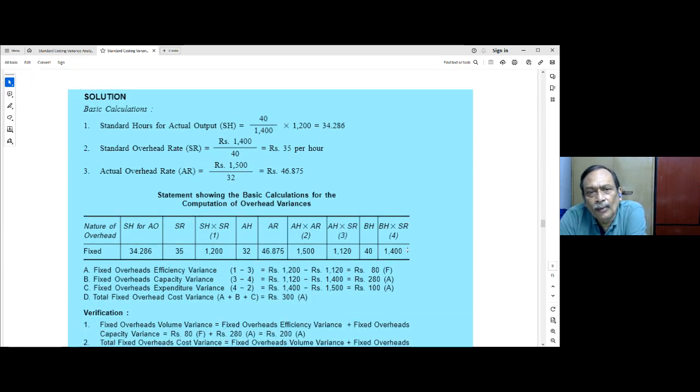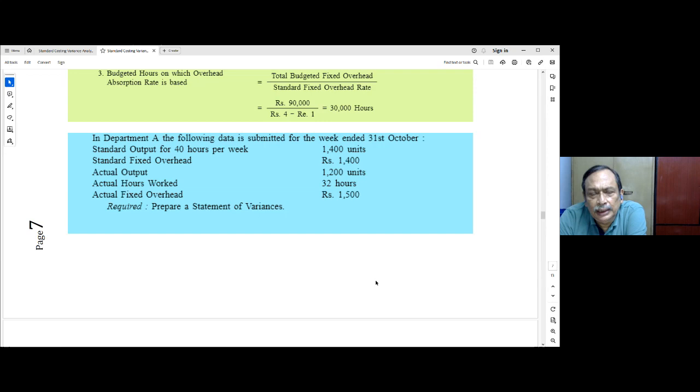Now, remember, for calculating the fixed overhead variances, we have to do some basic calculations, because standard hours for actual output is not given.